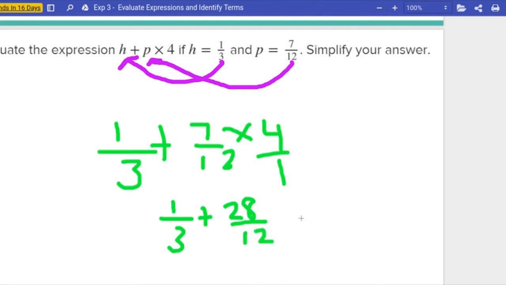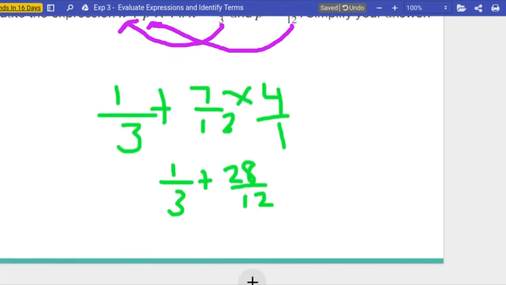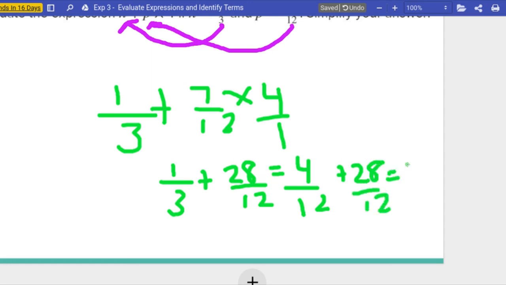All right, I think I'm going to find my common denominator first so that I can add these two together. So 1/3, if I find that with a denominator of 12, I would have 4/12 plus 28/12, and that would give me 32/12. Now I can't leave that. I need to simplify it.